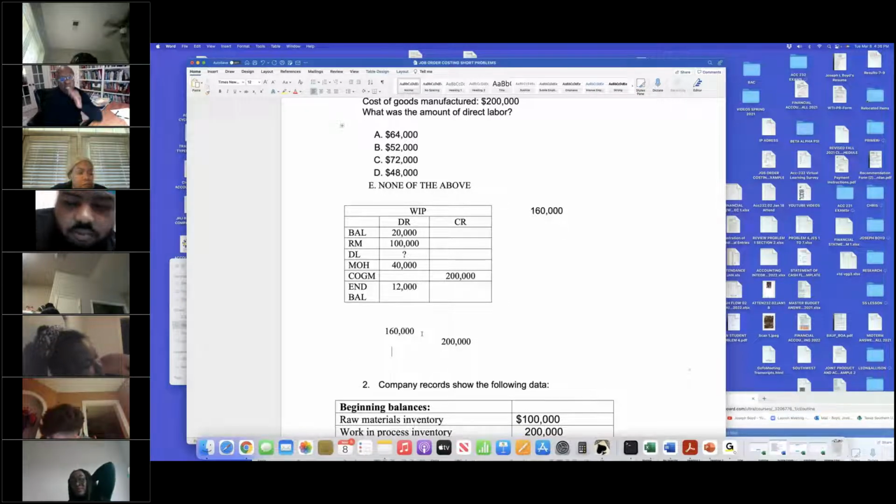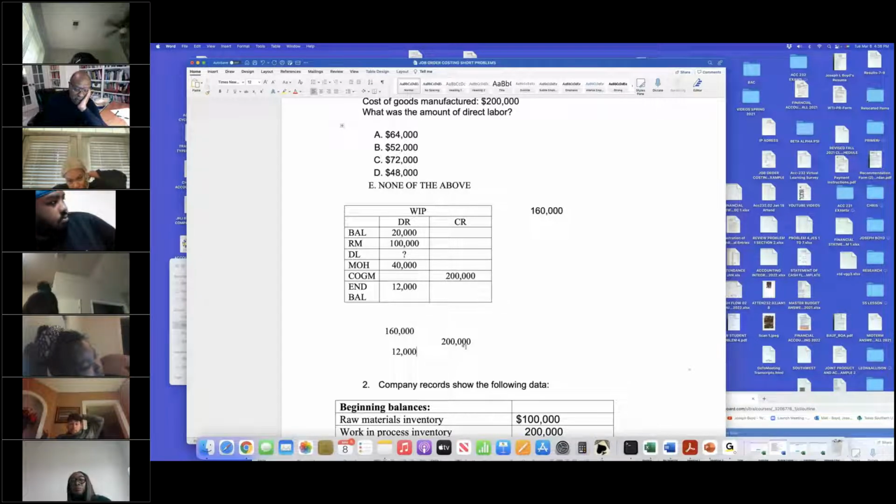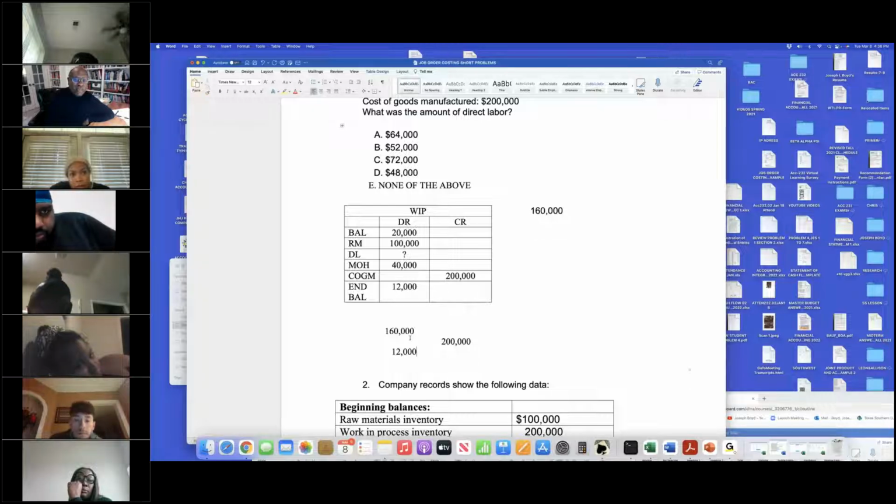So what number do we need to put in here so that when we add it up and subtract 200, it will be 12,000? What does that number need to be? 52,000? So you said we put 52,000 in here.